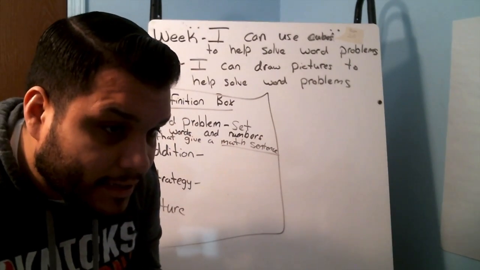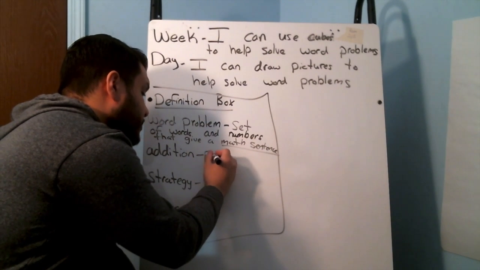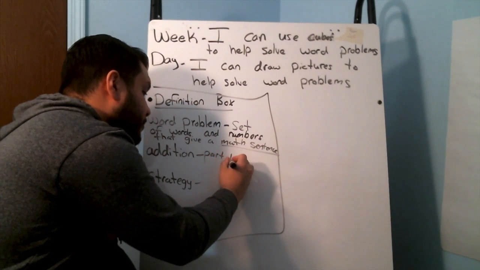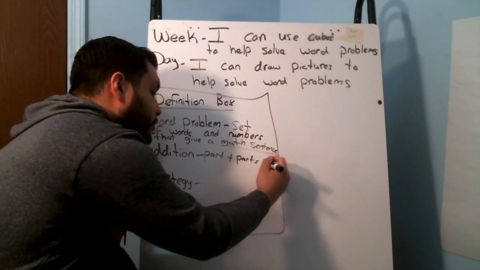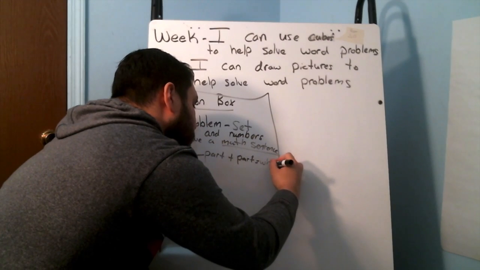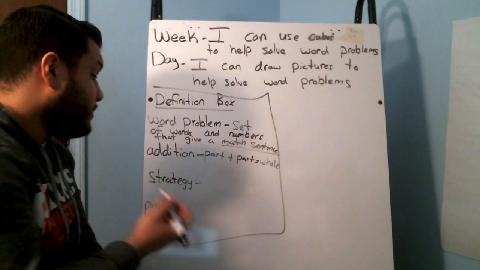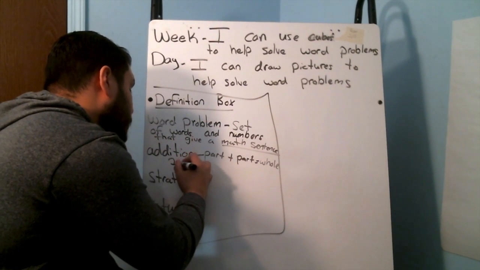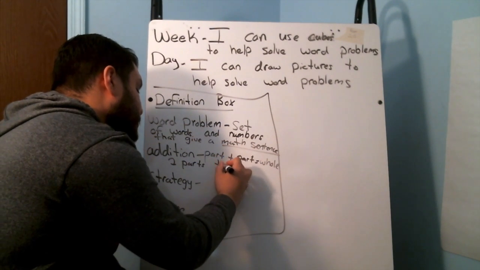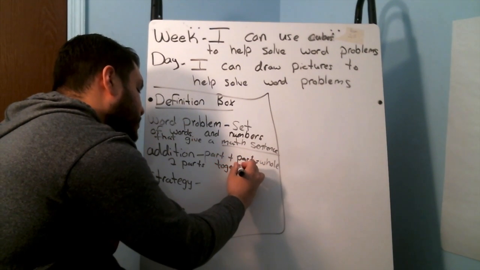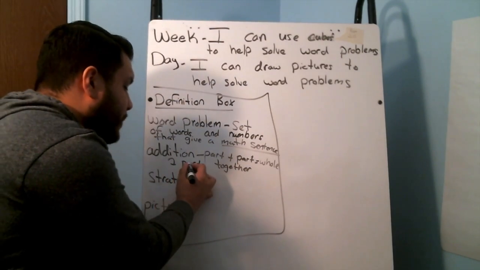Let me hear it again. Yes, addition is part plus part equals the whole. So what we do is when we put two numbers or two parts together, all we did was take two parts and put them together.